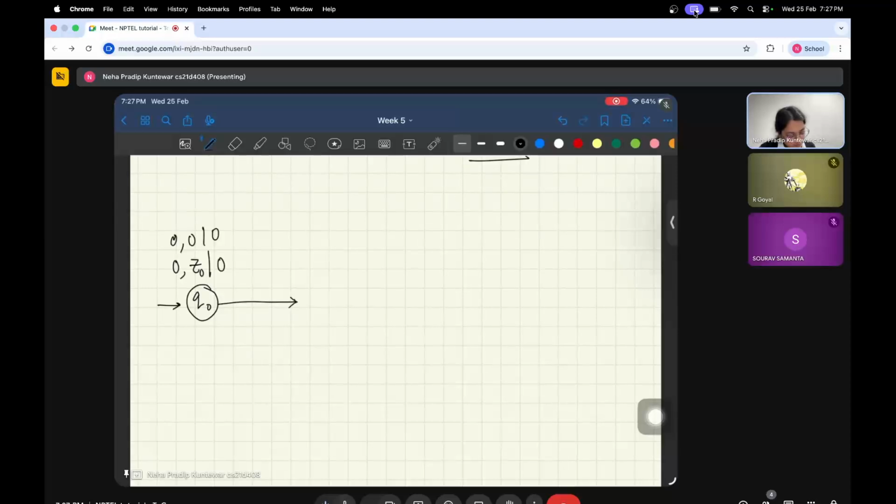After that point if you see a 1 and the top is 0, then we will pop. But if you see a 1 and the top is z0, then we will push a 1 and we keep on doing this.